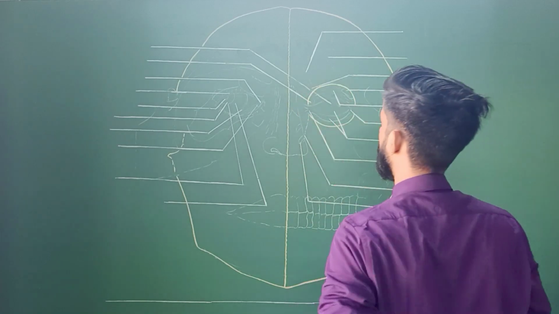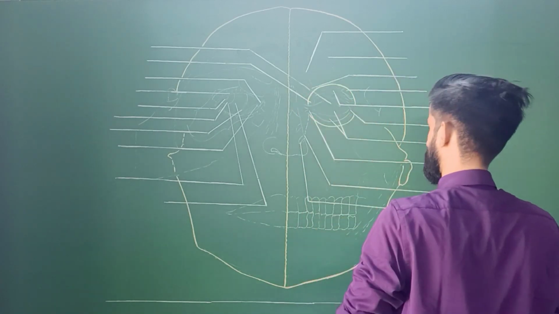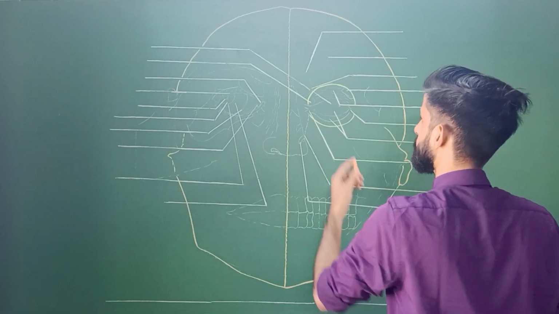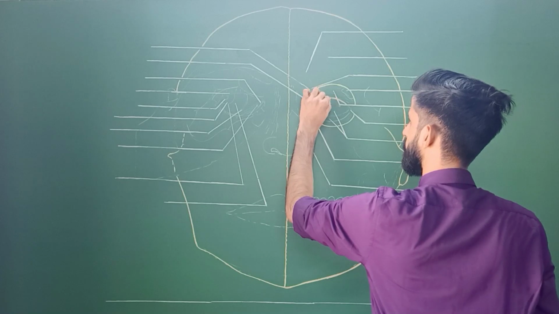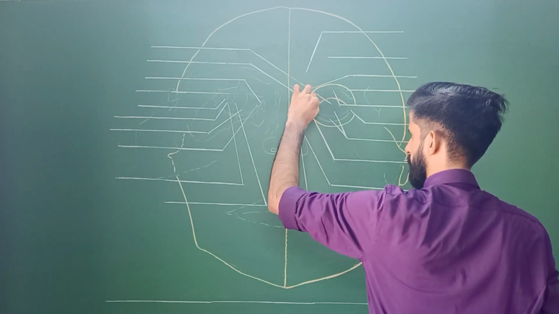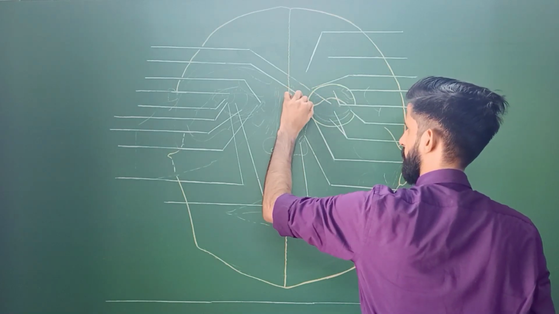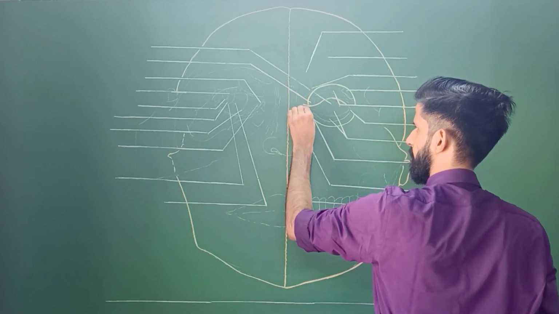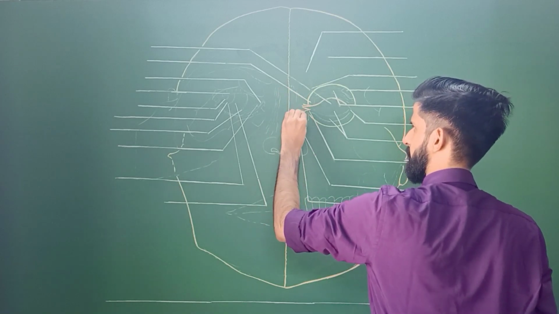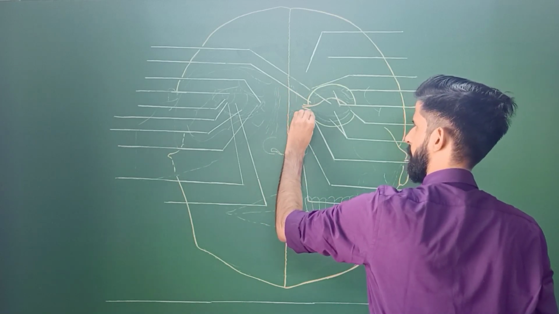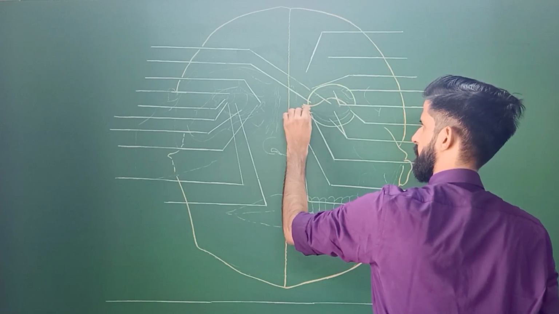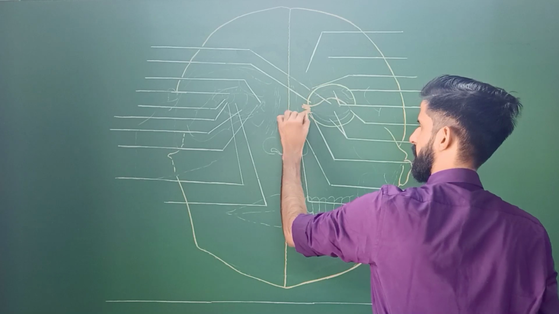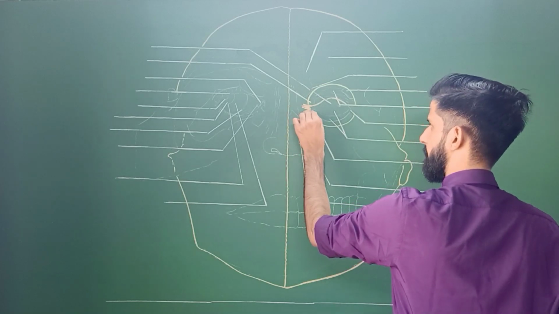spherical eyeball. Now inside this, this is the medial ligament.